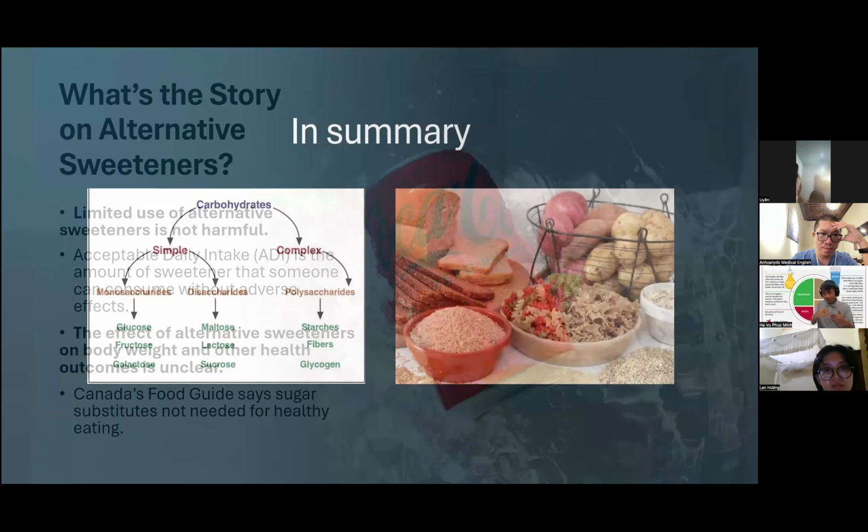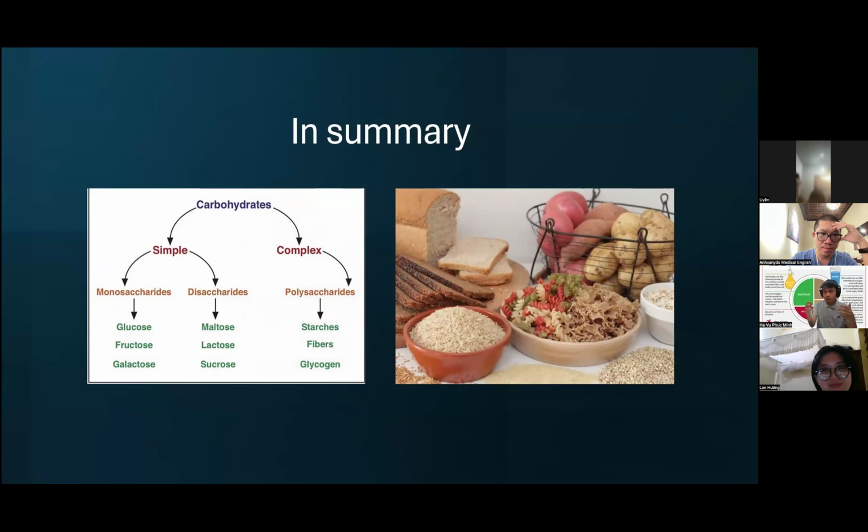Okay, this slide I will summarize what we discussed in our presentation for you guys. Basically, carbohydrates are of two types: simple and complex. The simple are monosaccharides and disaccharides. Monosaccharides are glucose, fructose, galactose; disaccharides are maltose, lactose, sucrose.